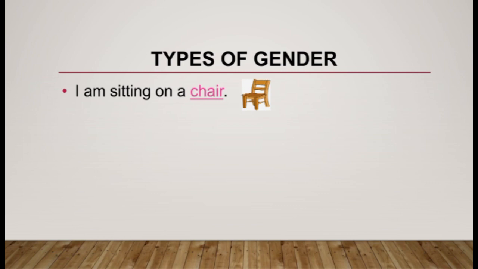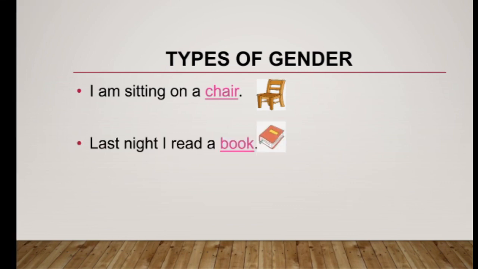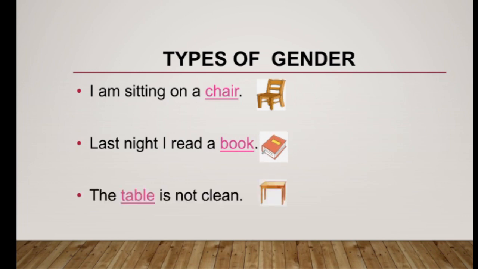Okay, the next sentence. Last night I read a book. What gender does the word book belong to? Is it male? No, it's not. Is it female? No, it's neither male nor female. The next sentence. The table is not clean. Now, what gender does the word table belong to? Male?